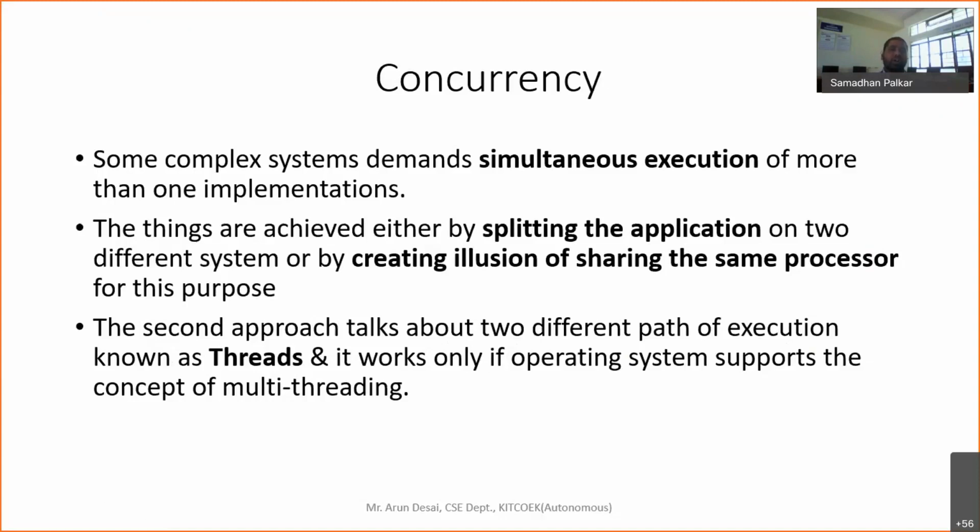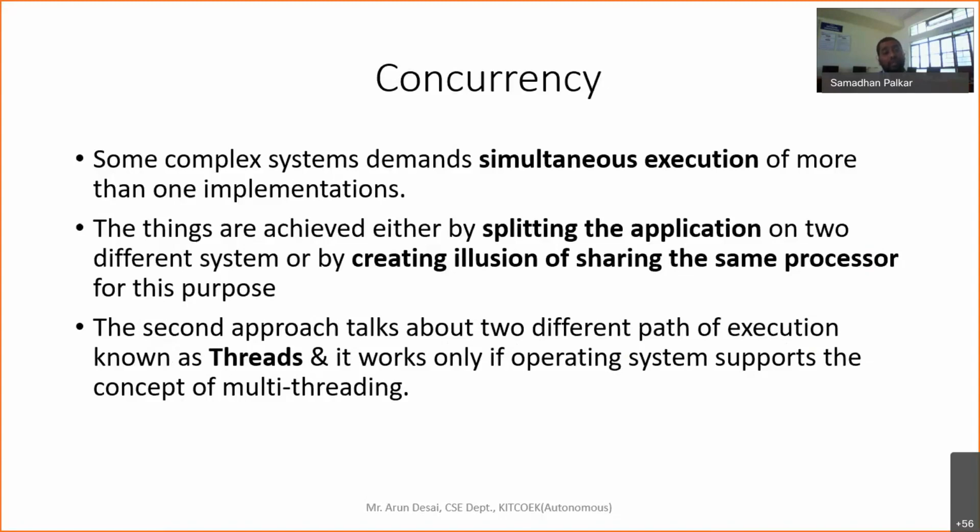So how is concurrency achieved? This concurrency is achieved by using threads, right? What is a thread? We'll see that in the next lecture. But for the time being, a thread is a lightweight process, and we can apply threads to small programs as well.